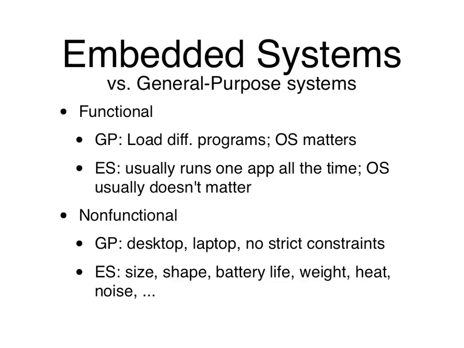These really don't have much in terms of constraints other than the fact that it should fit on your desk or under your desk, or be light enough to carry, but they don't have stringent constraints. On the other hand, most embedded systems have some kind of implicit size constraint or shape constraint, or battery life expectation, or weight, heat, noise, and all that, right? If it's something wearable, like your watch, it shouldn't be as heavy as an iPad. That would be too heavy to wear on your wrist, right?